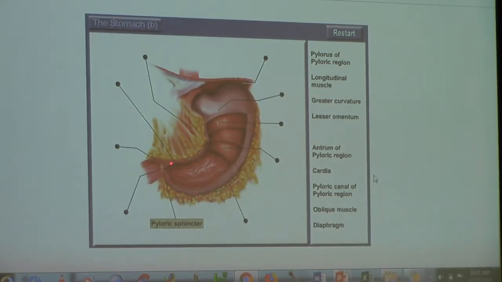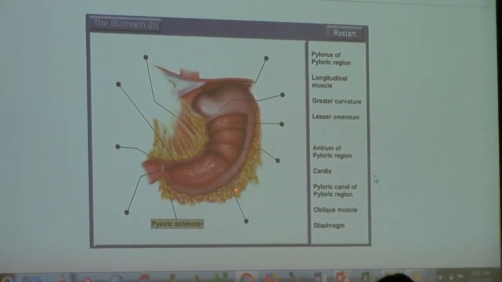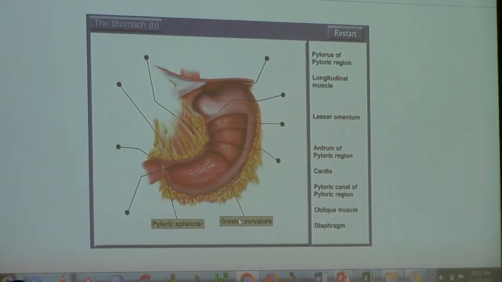Body is not one of the options in this one. Okay, which one is the greater curvature? Right, so that is the greater curvature. Greater omentum is connected to the greater curvature of the stomach.